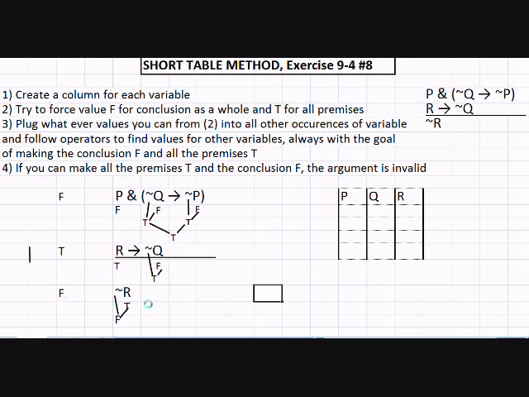We have given R the value of true, and so true appears here. By the rule of the conditional and given the negation, this Q is going to have to be false to yield the value of true for the entire conditional so that this premise is true. We plug in false up on the first premise, trying to make this part of the conjunction true.